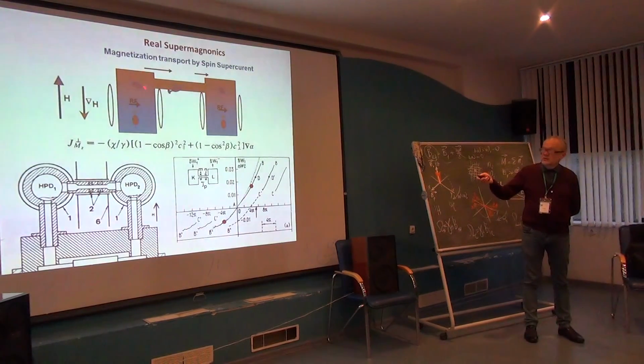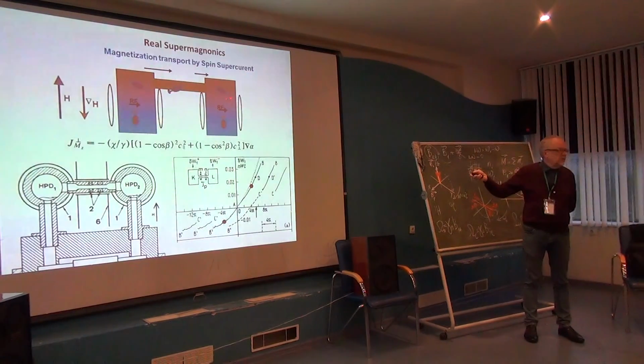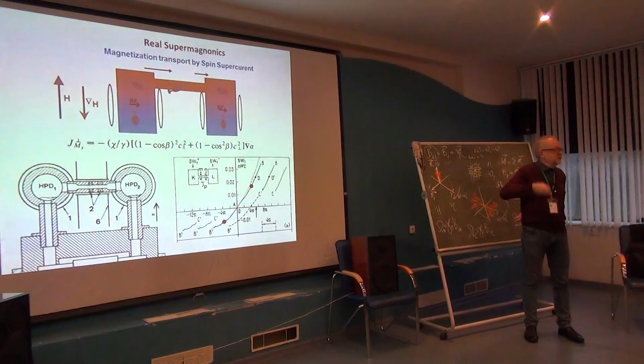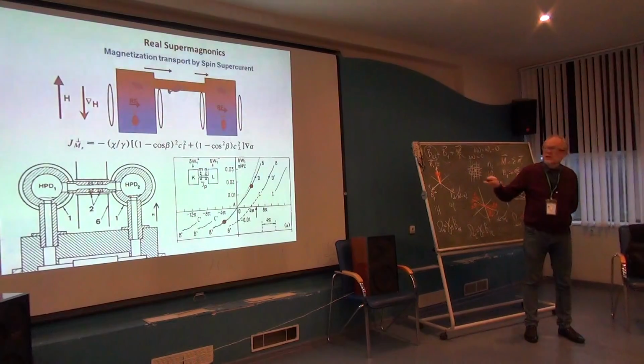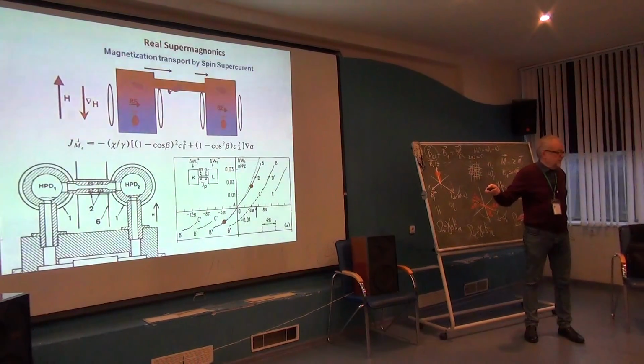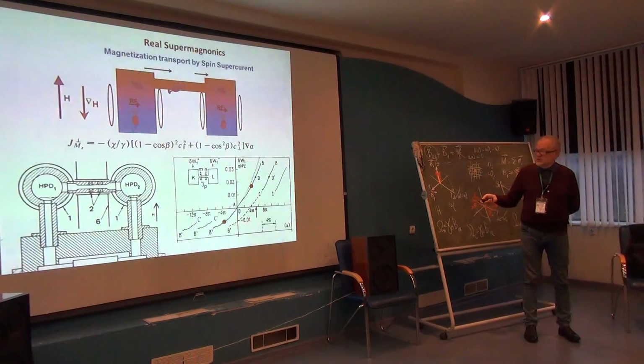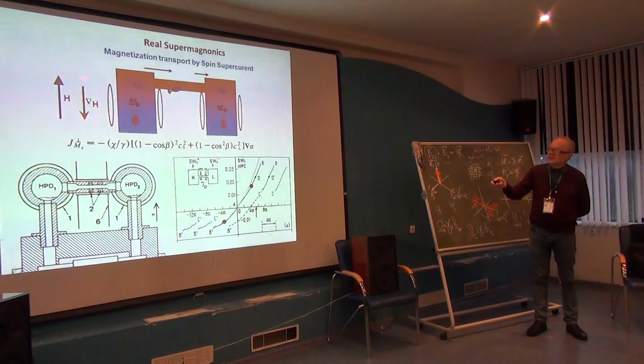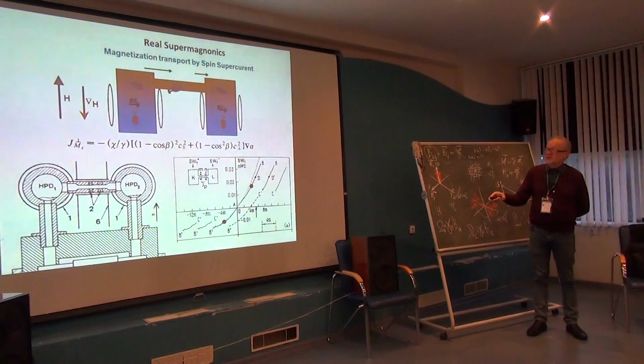As a result, because of this additional transport of Zeeman energy, or number of magnons, it means that in one cell the absorption of RF pumping increases and in the other decreases. Here is the gradient between two electrodes, the difference of phase of precession.